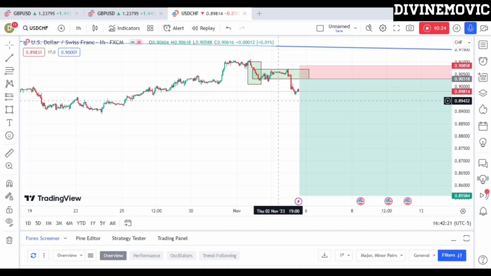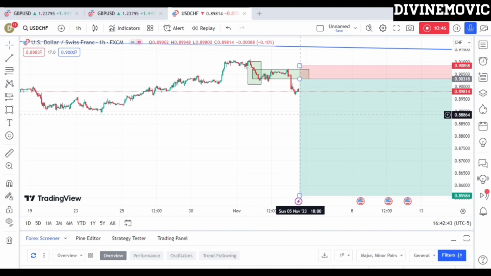Secondly, we identified another rally base drop, which shows a continuation pattern.